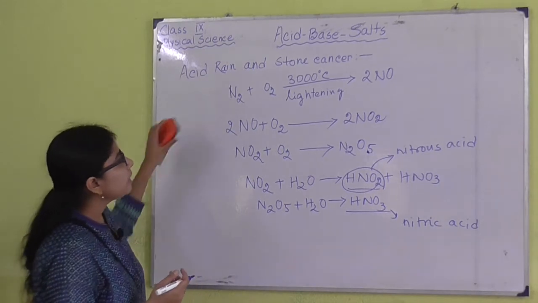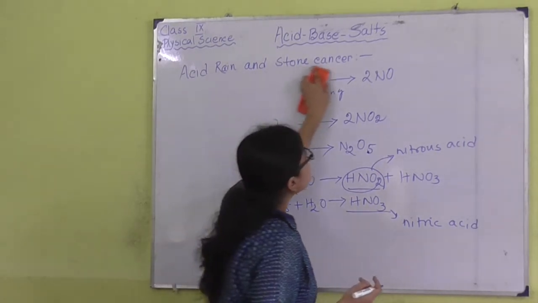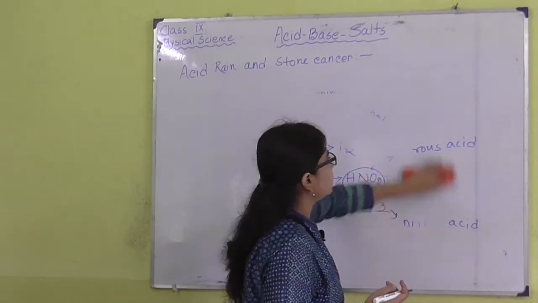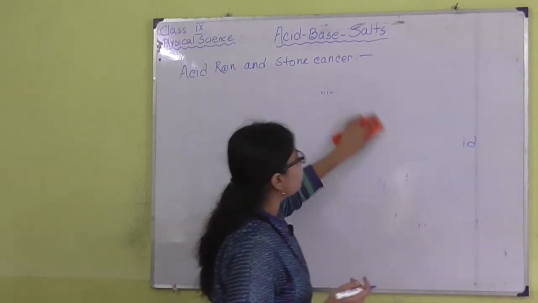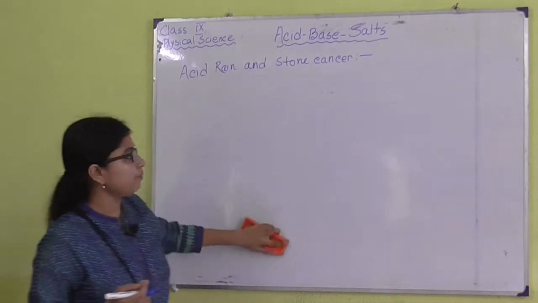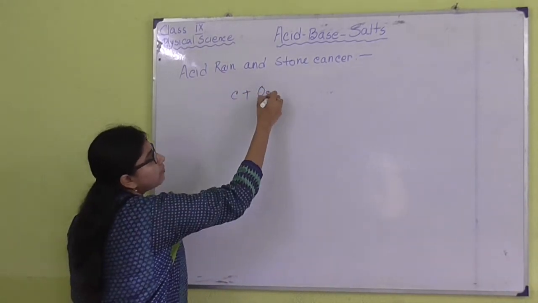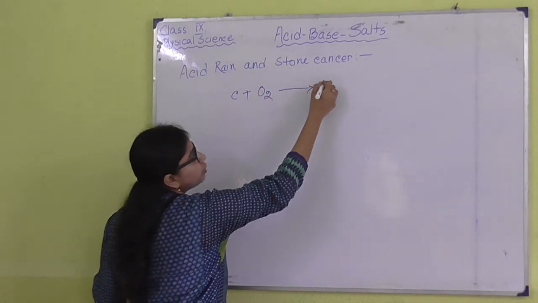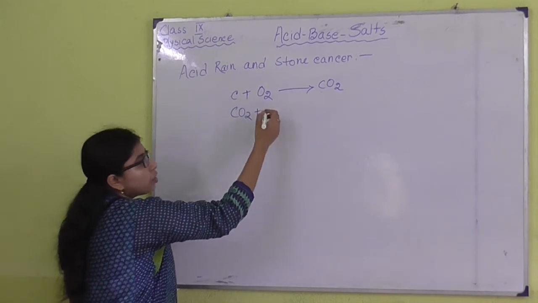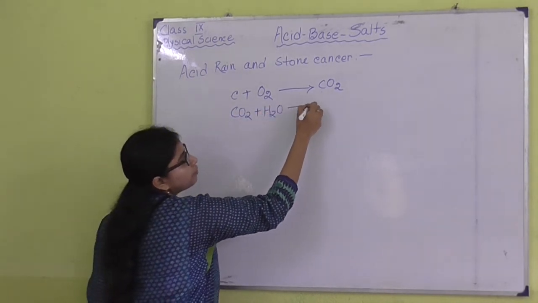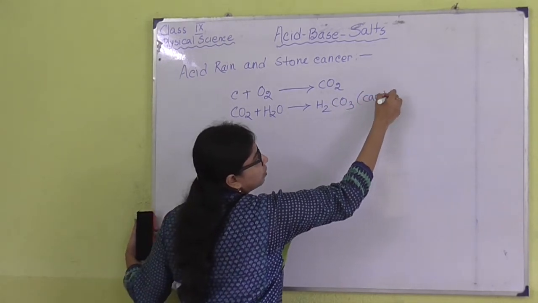Now, we know that we have several other gases in our atmosphere. We have carbon also in our atmosphere. So, if carbon combines with oxygen, then it will give us carbon dioxide, we know. So, this carbon dioxide can also combine with water to form H2CO3, which is carbonic acid. Okay.